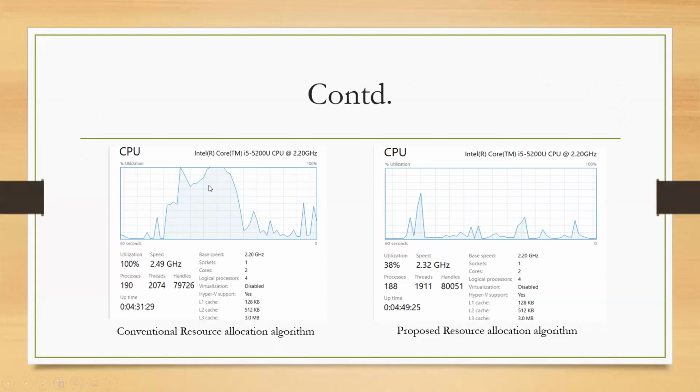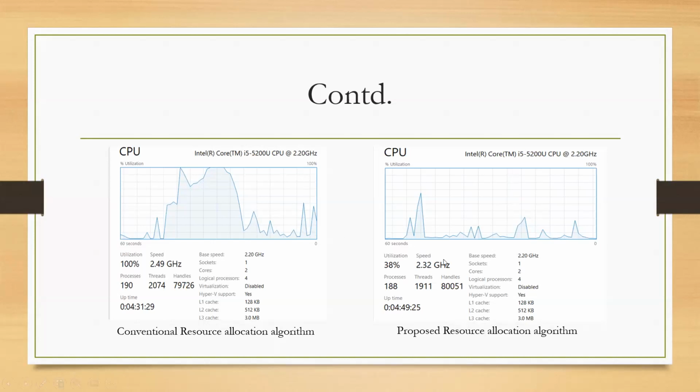The machine on which this algorithm was running was an i5 5th gen at 2.2 gigahertz clock frequency, and it was using all eight cores at 100% utilization. So you know how high the power consumption of this algorithm was.